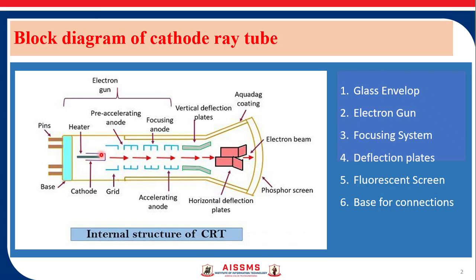The cathode is heated indirectly, from which electrons are emitted. To obtain high emission of electrons at a moderate temperature, a layer of barium and strontium oxide is deposited at the end of cathode. When such a cathode is heated, it emits the electrons.